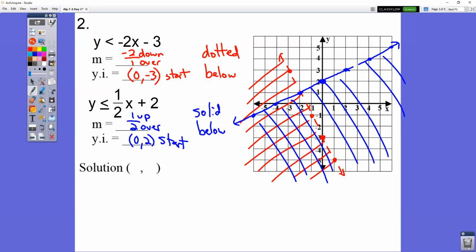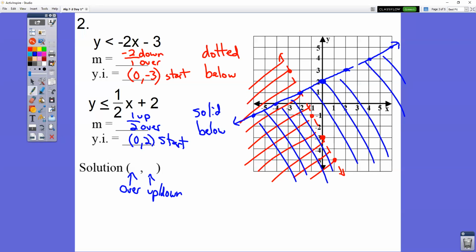Now, again, be very, very careful. When you go to find your solution, remember the first number is how many you go over. The second number is how many you go up or down. I can't pick dots that are on the dotted line. So these two lines cross right here. They cross at -2, 1.